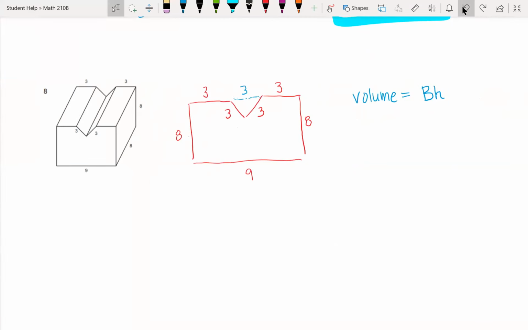I need to figure out the height of this triangle, which is here, so that I can remove that piece of it. So if we look at this triangle here, this side is 3, this side is 3. And we know from our experience with the Pythagorean theorem and also from special triangles that the height of this is going to be 1.5 times the square root of 3.